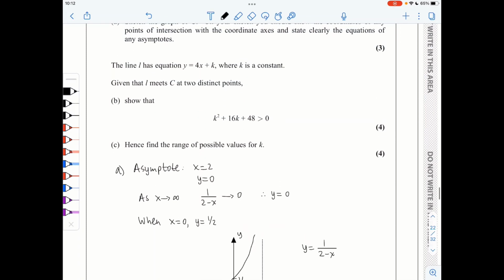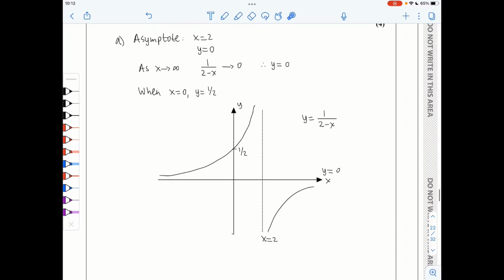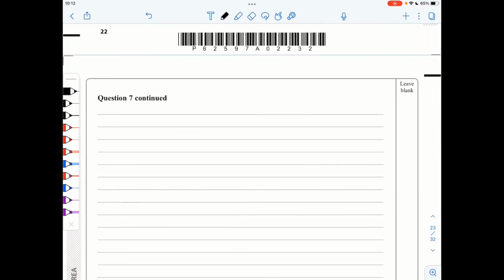Now part B, the line L with equation y is 4x plus k, k is a constant, meets C at 2 distinct points, and we need to show that k squared plus 16k plus 48 is greater than 0. So essentially we're looking at the points of intersection of y is 1/(2 minus x) and y is 4x plus k. If I equate the two, I get 1/(2 minus x) is 4x plus k, and therefore I can cross multiply into 1 equals (4x plus k) brackets (2 minus x).